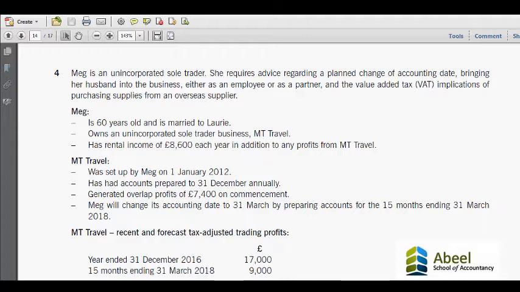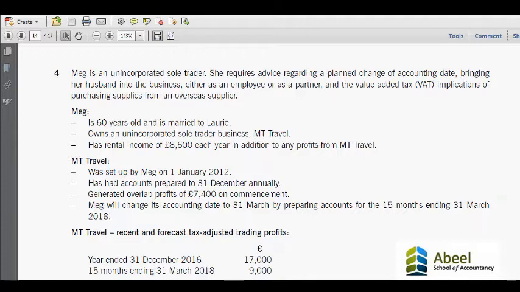Let us discuss a very important point here. If she brings her husband in as a partner or as an employee, then everybody knows that if her husband works as an employee, salary to an employee is an allowable expense.